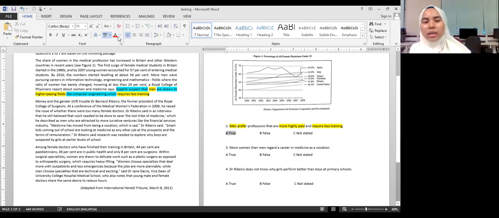The keywords I'm going to highlight are more women than men, because I believe that it is, wait, I'm sorry, I'm changing it to yellow. Okay, more women than men. That is the first keyword that I find for this statement.